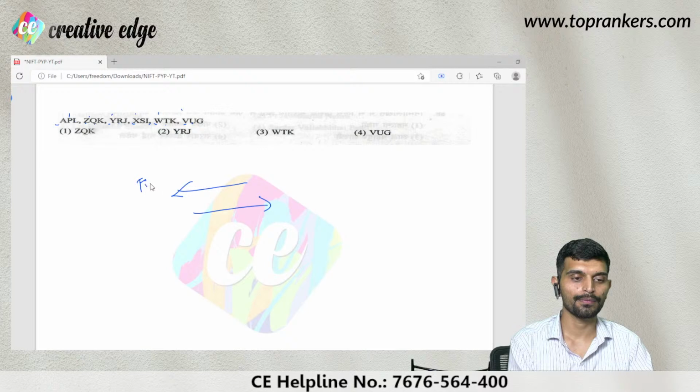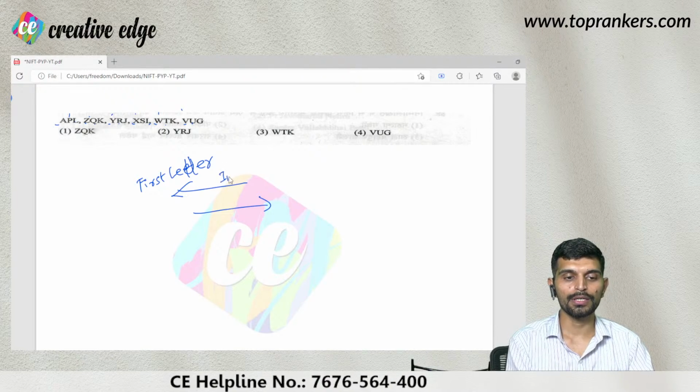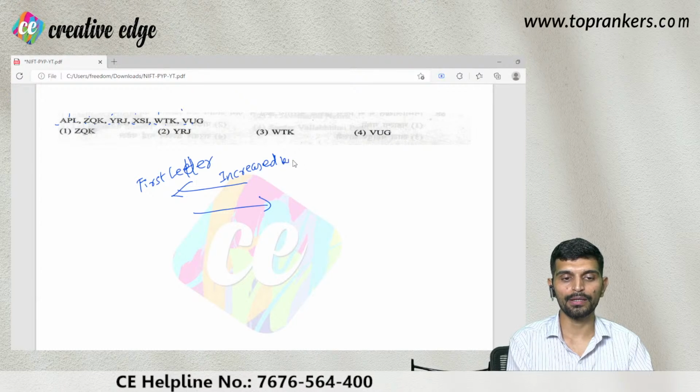First letter, right to left increasing, increased by one position.